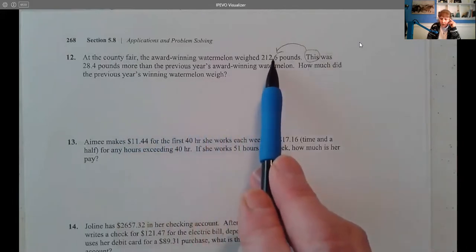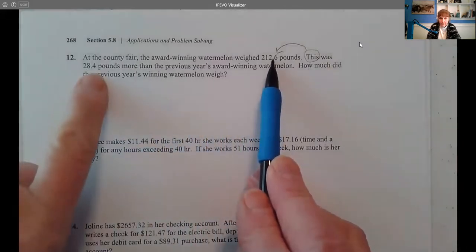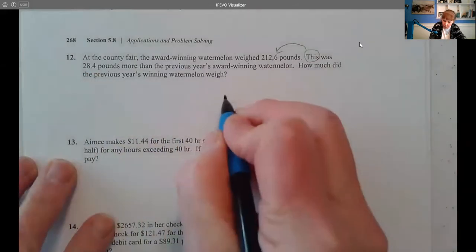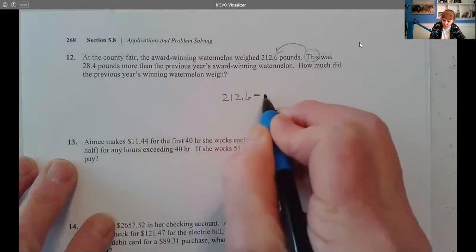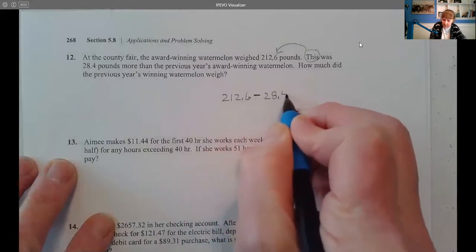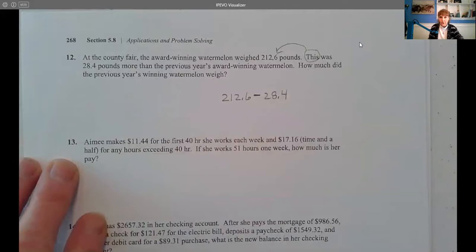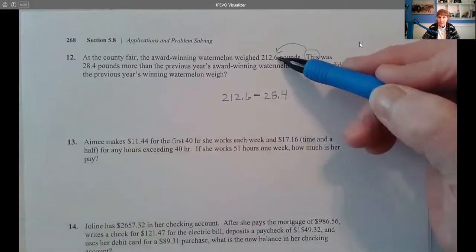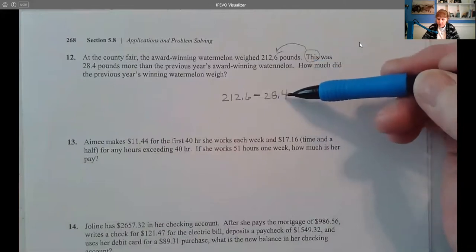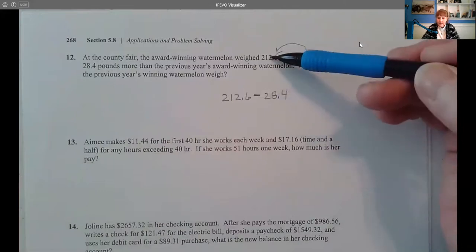Well, if this one is this much more, if I took the 212.6 and subtracted the 28.4, I would have the previous year. The previous year is less than this. It's 28.4 less than this.